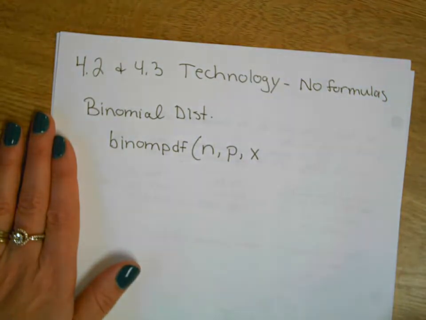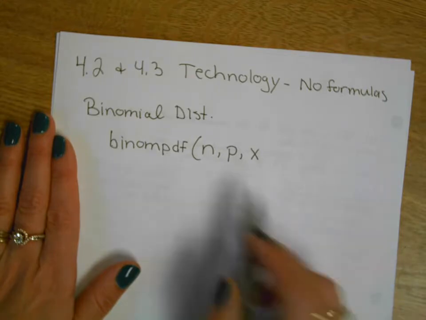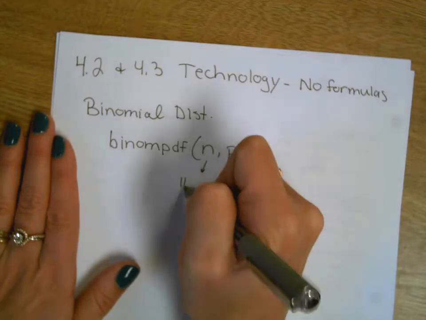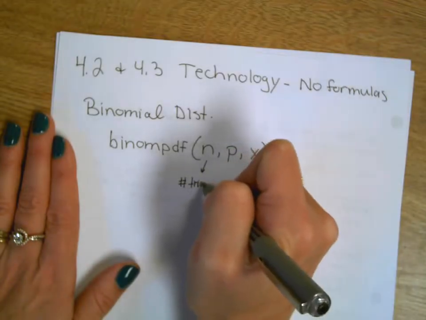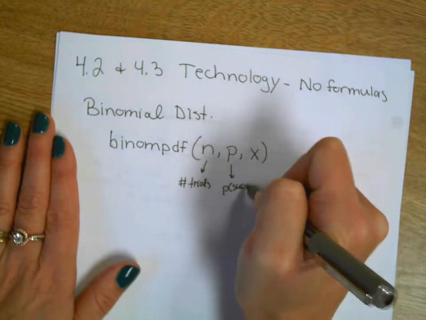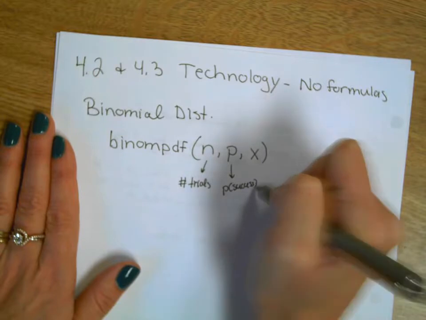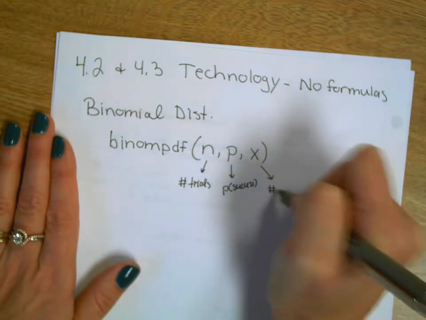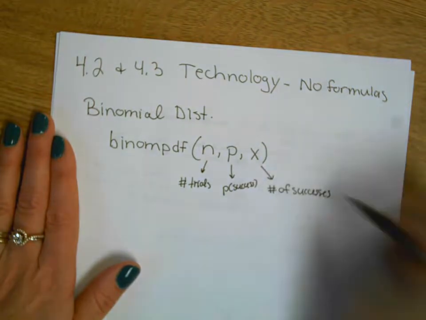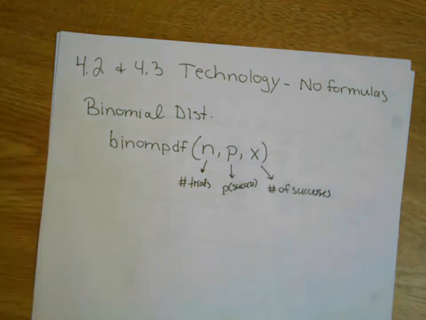Do I need to write those 3 things down? Because it's the same thing as before. Do you want me to define those? Are you good? Number of trials, probability of success, and then number of successes. And that plugs right back into our binom. It's built into the program, the binom formula that you were doing by hand, and gives you the probability.